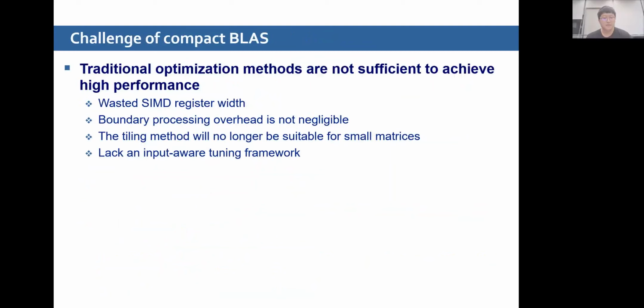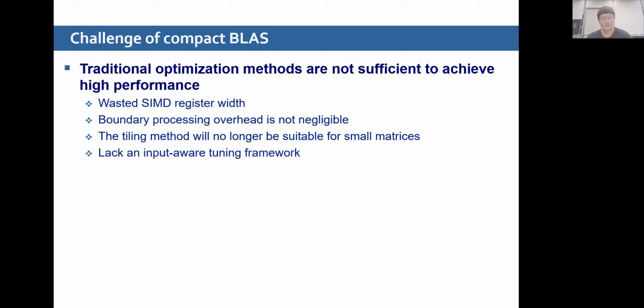Although optimization for dense matrix operations has been well studied, this operation method is still not sufficient to obtain high performance on compact BLAS. First, small matrices are difficult to fully utilize the width of the SIMD registers under traditional methods.